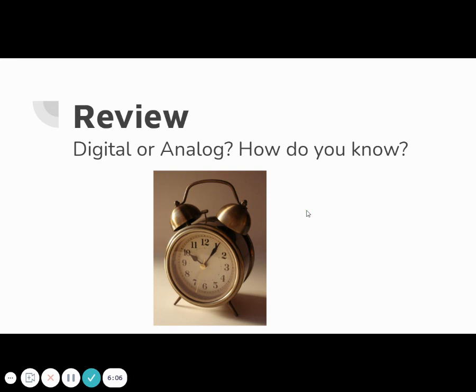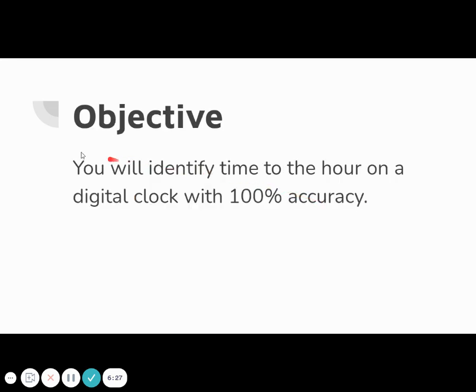Let's try this one. Is this alarm clock a digital clock or an analog clock? And think about how you know. It's an analog clock. How did you know that? Because it has a face, minute hand, and hour hand. Good job, friend.